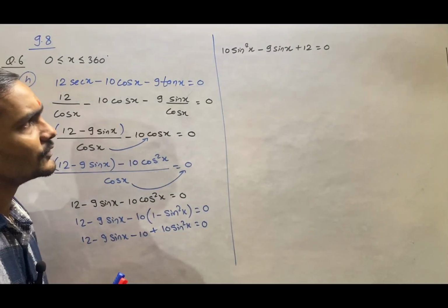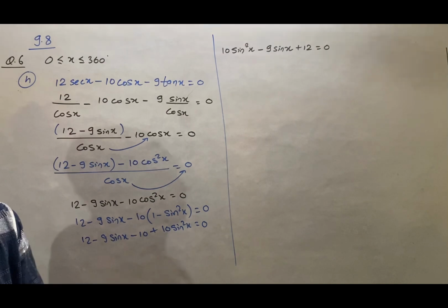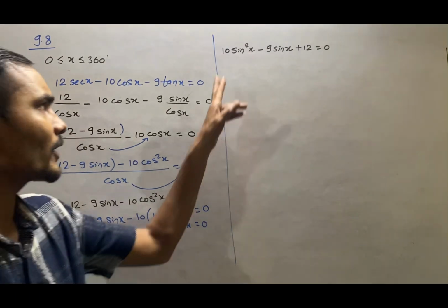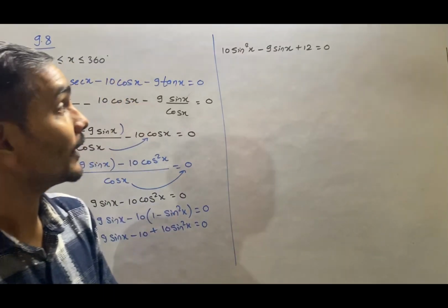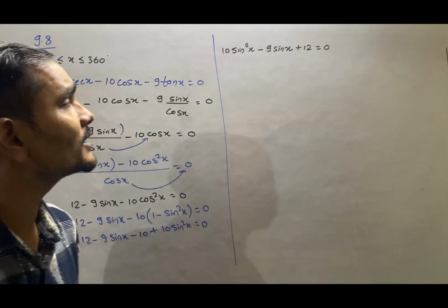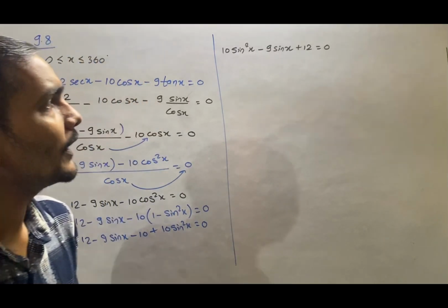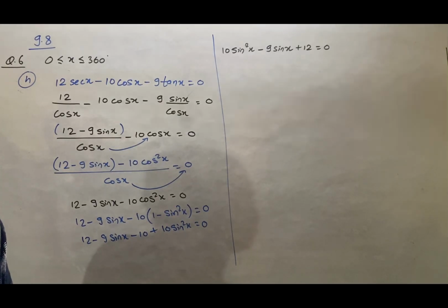Okay, so now again factorization. The product of two numbers is 120 and the addition is 9. I think not possible, because the formula method is also not possible.